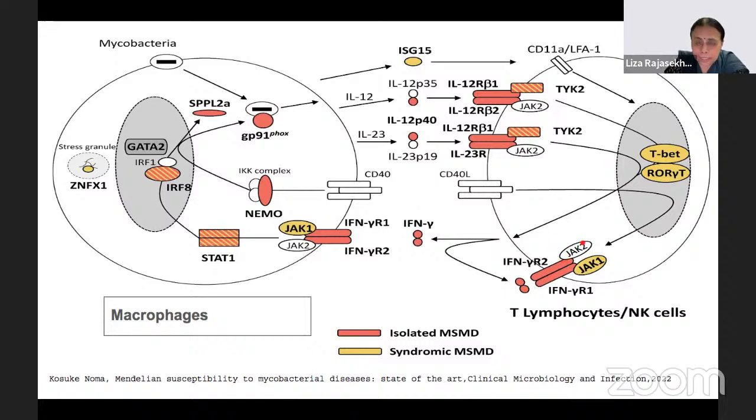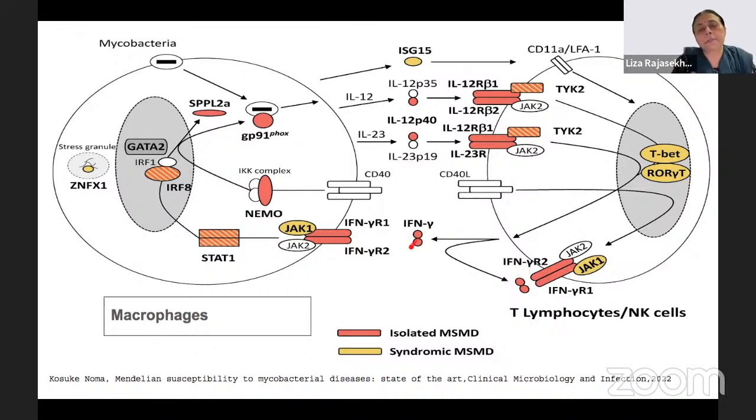Now, the IL-23 pathway also acts through these receptors, one of which is common to IL-12 also. And once the T cell is activated, the interferon gamma which is produced acts through its receptors on the macrophages, that is the interferon gamma receptor 1 and receptor 2, which is present on both T lymphocytes as well as macrophages.